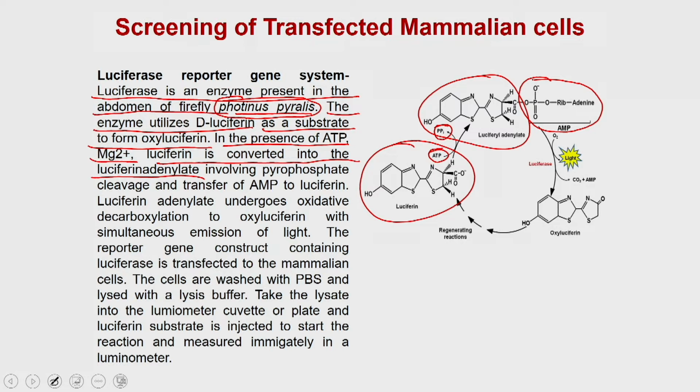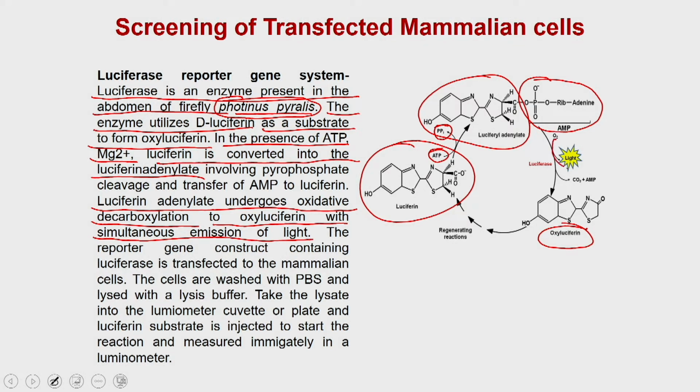The luciferin adenylate undergoes oxidative decarboxylation to form the oxyluciferin, and once it goes through this oxidative decarboxylation, it emits light.